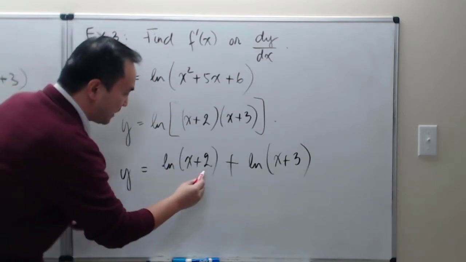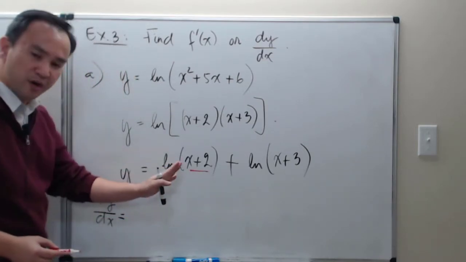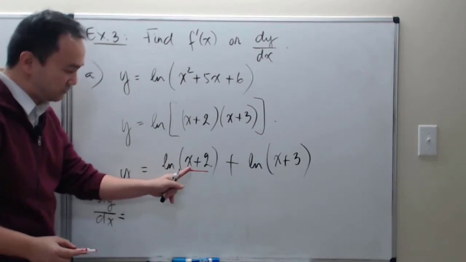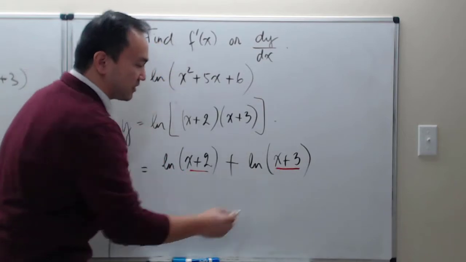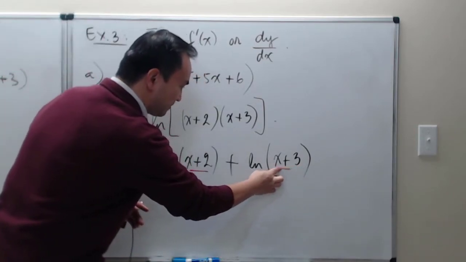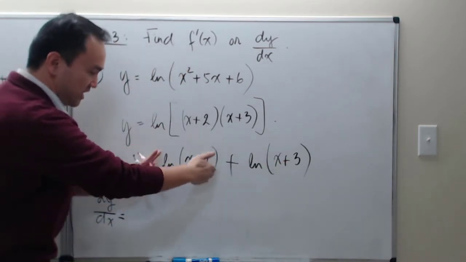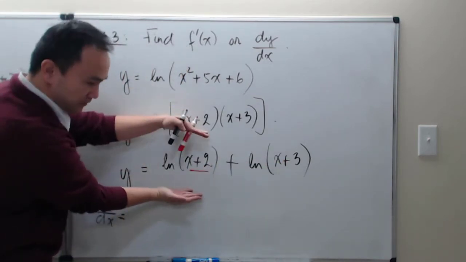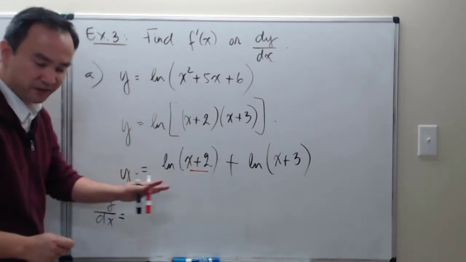The part I underline with red ink, that's what I recommend my viewers regard as the inside. And then here's another inside right here, but we'll get there and I'll highlight it when we get there. For now, our main aim is to find the derivative of the first term. The inside has just been underlined right here.